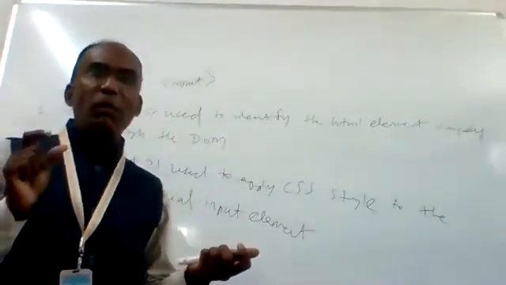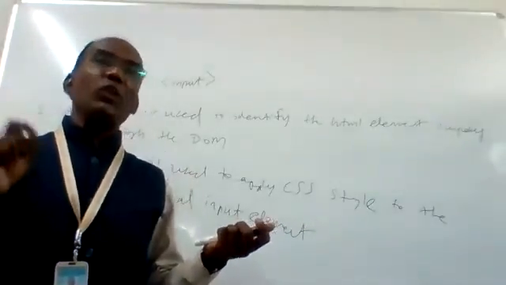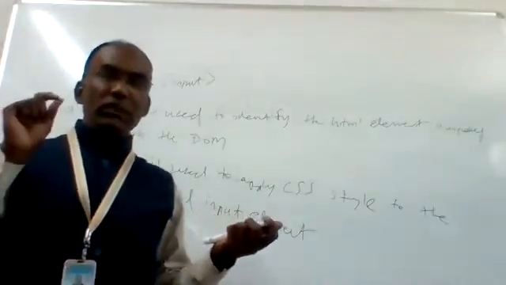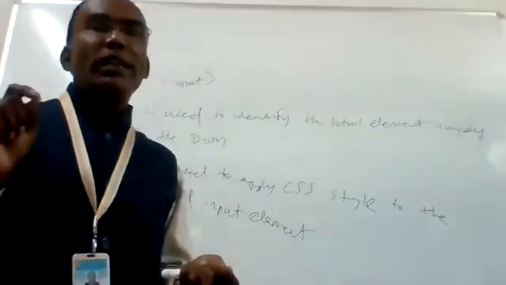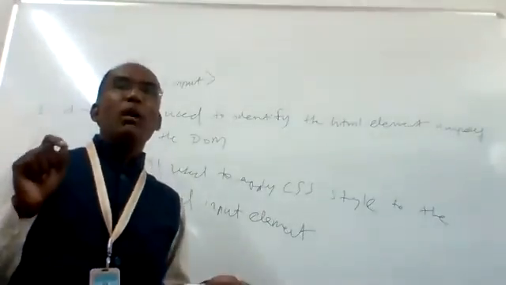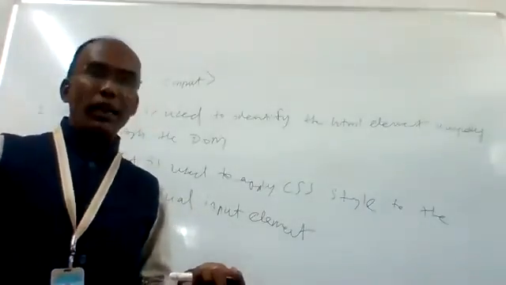If I want a number from 50 to 90, I will give input type equal to number, minimum equal to 50 and maximum equal to 80 or 90.